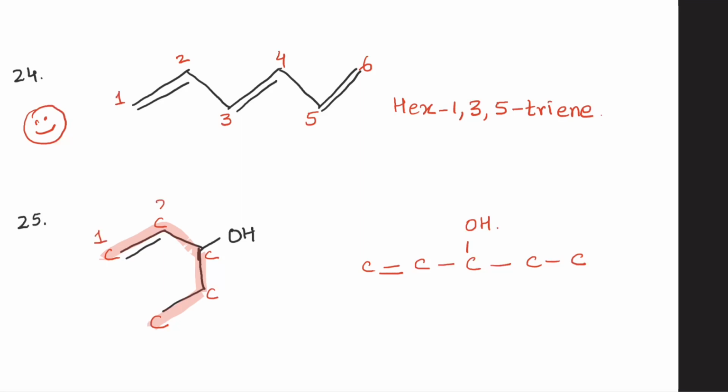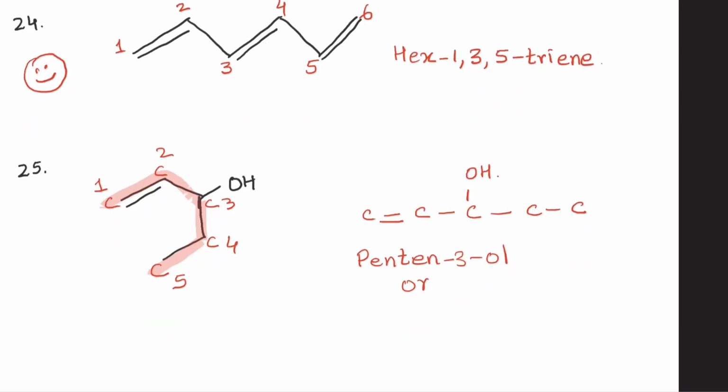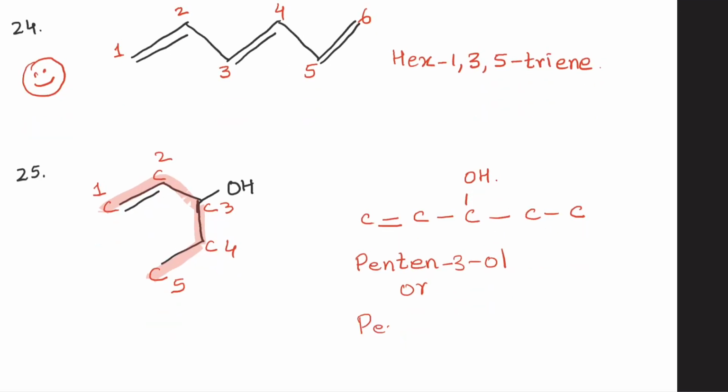So we have here 1, 2, 3, 4 and 5. So we have only one functional group. So pentan-3-ol, or if you have written it as pent-1-en-3-ol, even that is accepted.